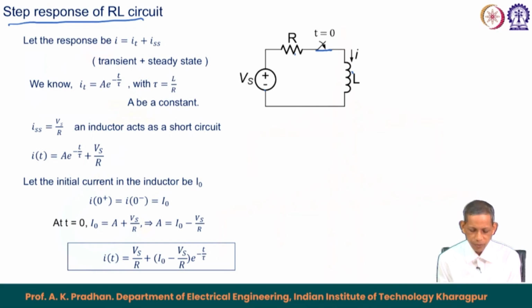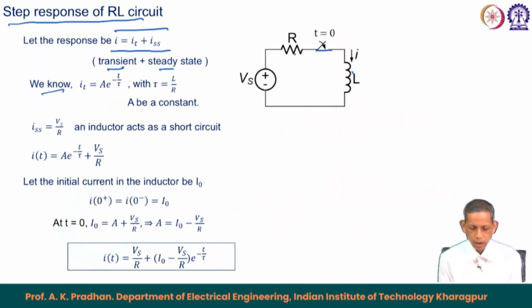This current I can be expressed in terms of two parts, transient and steady state. The complete response equals the transient part plus the steady state part, as we have already explained for the capacitor voltage in the RC circuit.